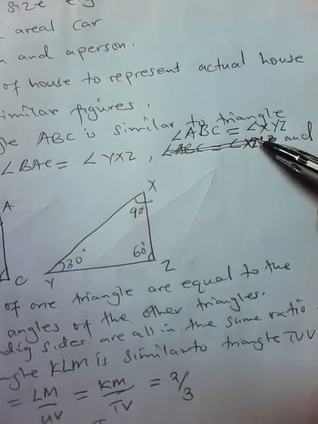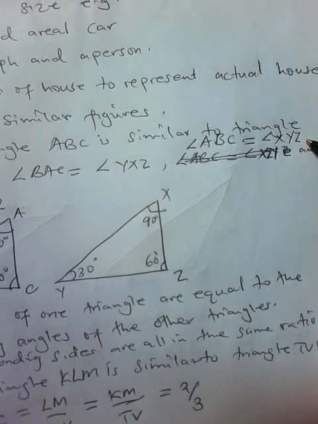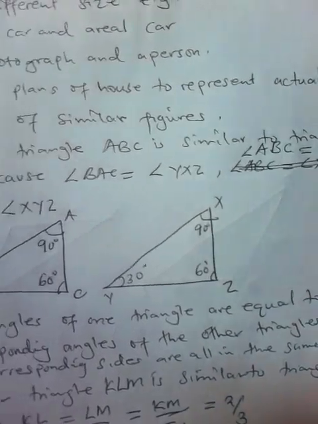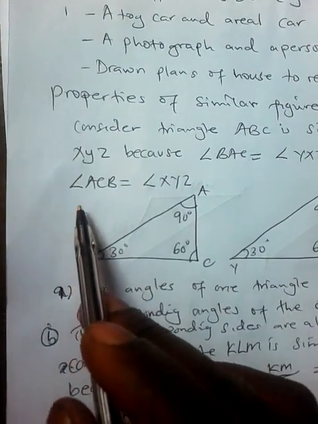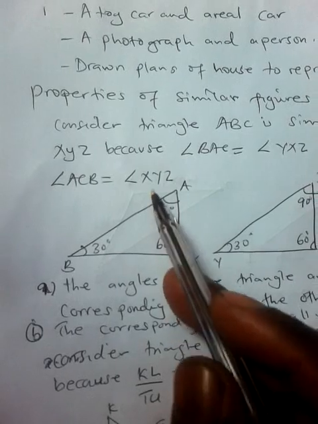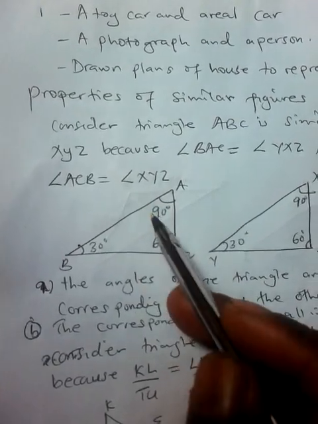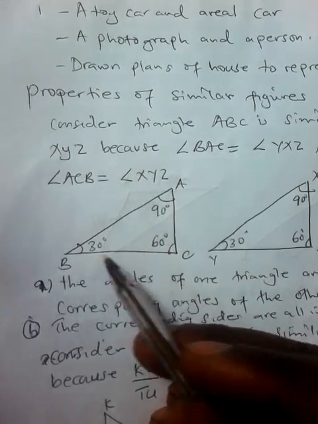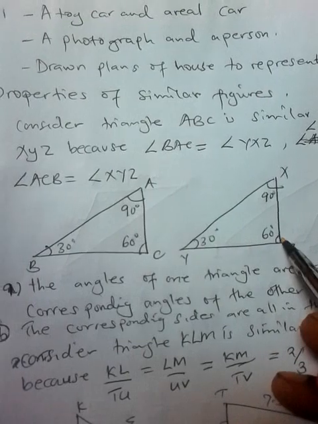The angle ABC is equal to angle XYZ. And the angle ACB, so C will be equal to Z.